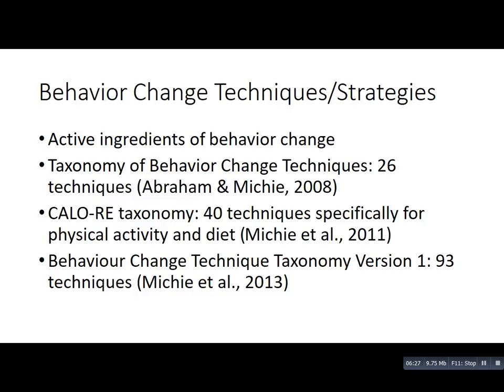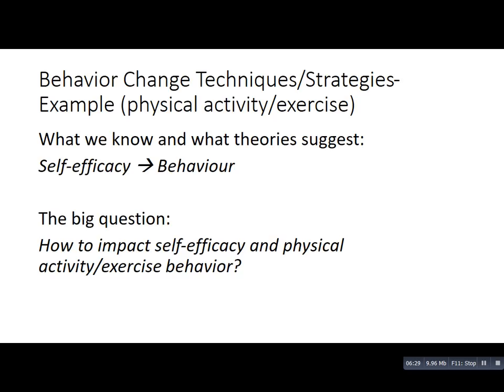Here's an example of how we can put that into context. We look at an example of physical activity and exercise. As we said before, theory mostly explains what kind of predictors lead to behavior. From the theory, we know pretty well that self-efficacy leads to behavior.